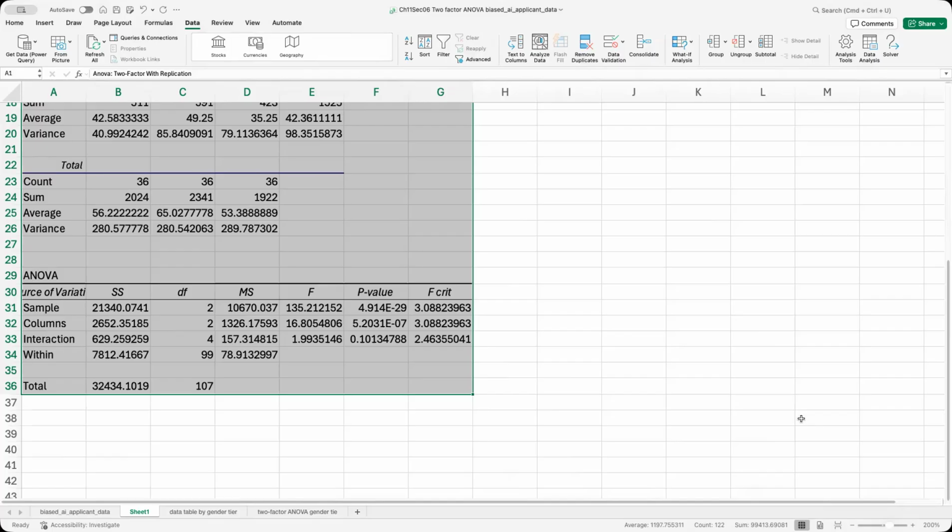But again, F calculated is 16.8. F critical is 3. I'm way out there in the tails. It is really unlikely for me to say, no, this algorithm is completely unbiased and fair. What gender you are doesn't matter at all. What university you went to doesn't matter at all. So now I know there is a bias.